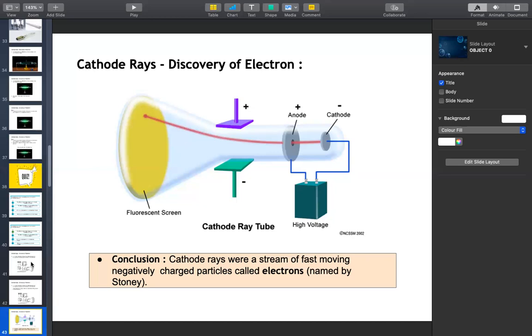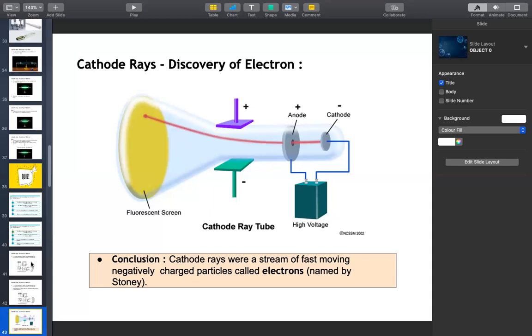And before that, Mr. Faraday found that you can deposit silver metal by passing electricity through silver chloride. So if an atom can be produced by passing electricity, the atom must have an electrical component. Those were the earlier findings before this experiment.